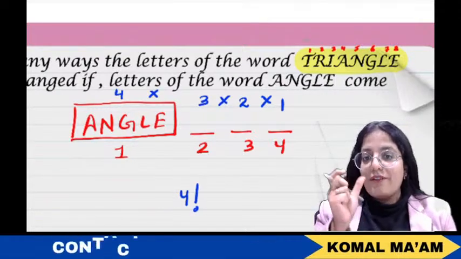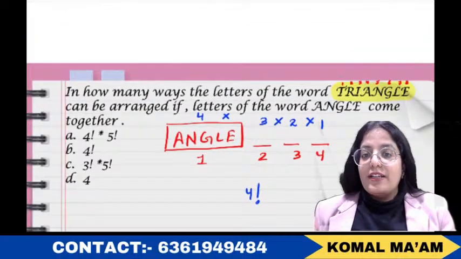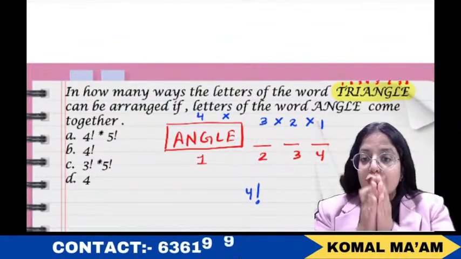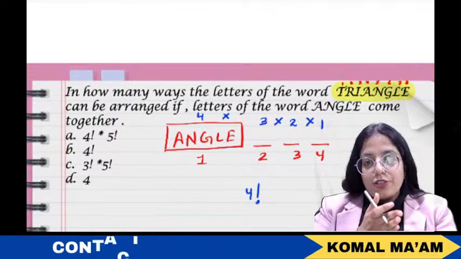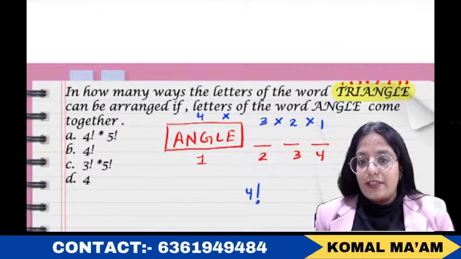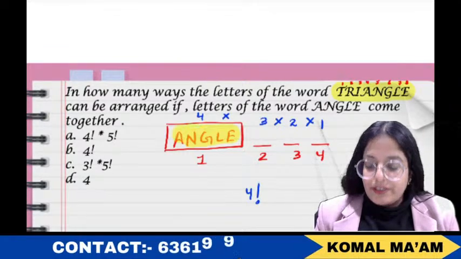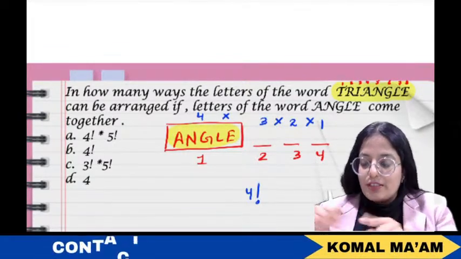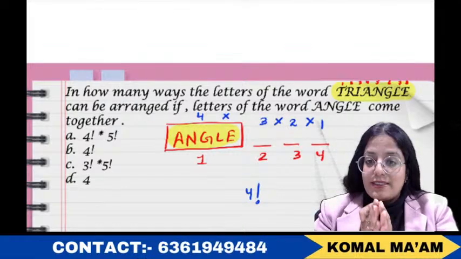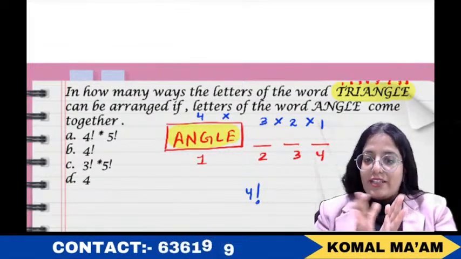Now a very important part that you need to understand. They said the letters of ANGLE should come together, but they didn't say that the order should be this only. The order could be anything. Now these ANGLE letters can also be arranged internally. This 4 factorial is basically implying the external arrangement.